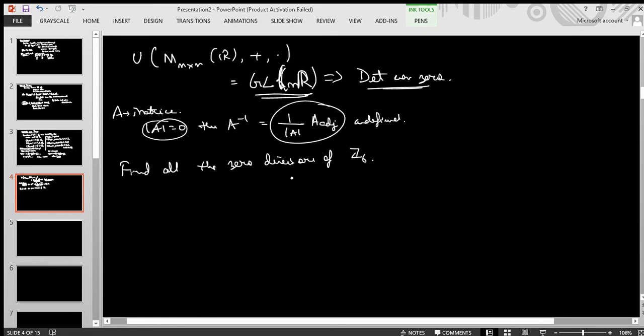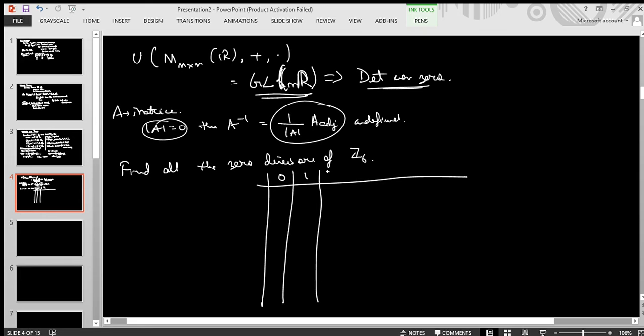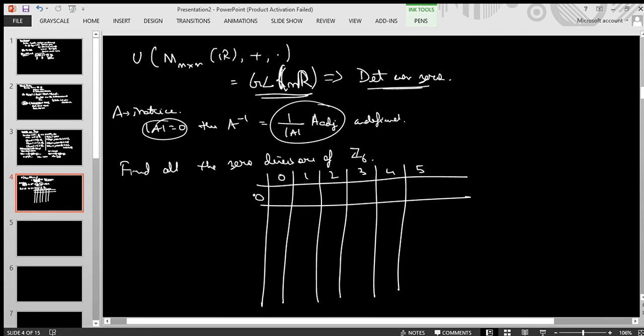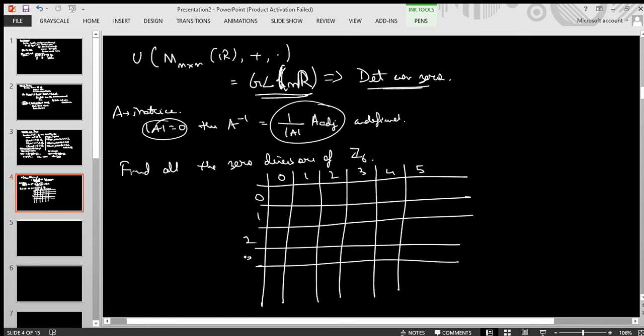Let's form an operation table. Z6 will have 6 elements: 0, 1, 2, 3, 4, 5, and the same along the top.